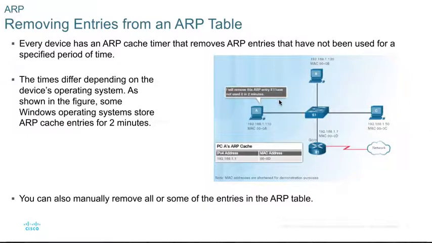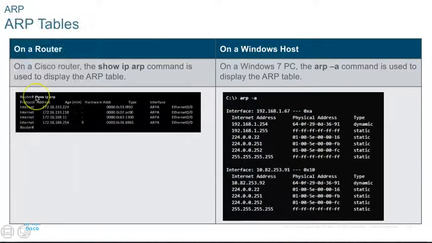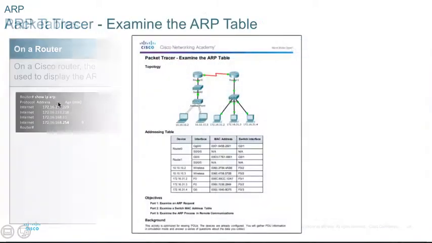As a matter of fact, the switch removes the ARP entries by itself after every 10 minutes. In Windows, you can go manually and do arp -d, and it deletes all the ARP entries. If you need to see the ARP table, in Windows you type arp -a, and on Cisco switches you type show ip arp, and this is the command I'll do, and it shows us.